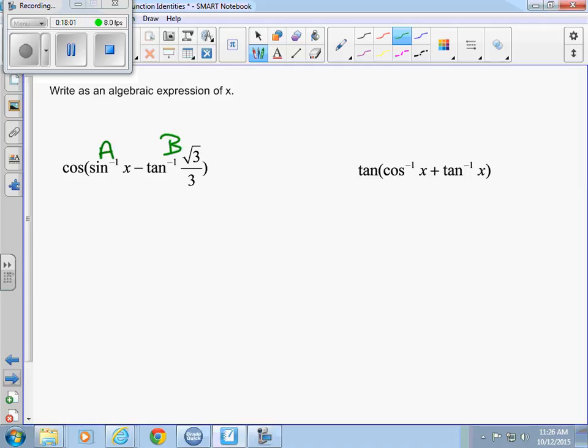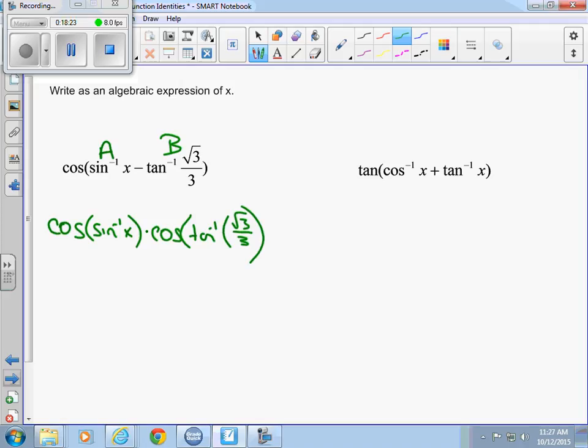So I could rewrite this as cosine of sine inverse of x times cosine of tan inverse of radical 3 over 3. And then what goes in between?